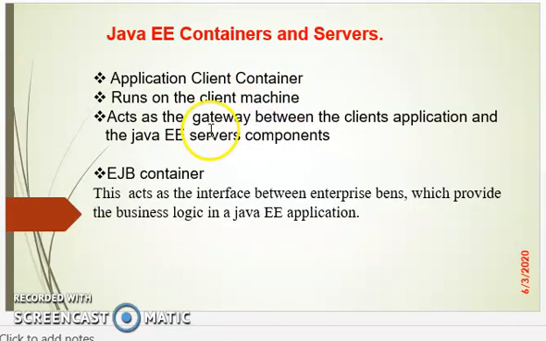Now let's see the application client container. It is the interface between the Java EE application client, a special Java application that uses Java EE server components, and the Java EE server.